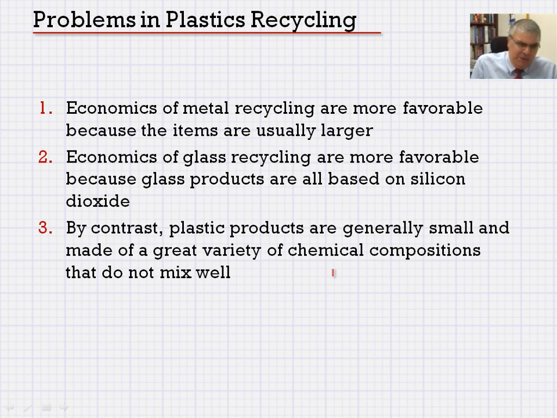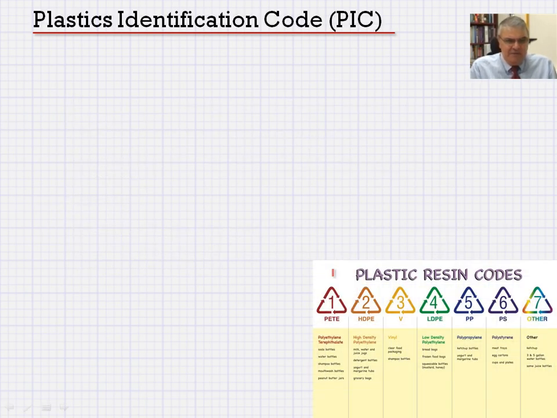Plastic products are generally small. They are made of a variety of chemical compositions. They do not mix well. It's labor intensive. It's just more difficult, and not very economically feasible to do those.